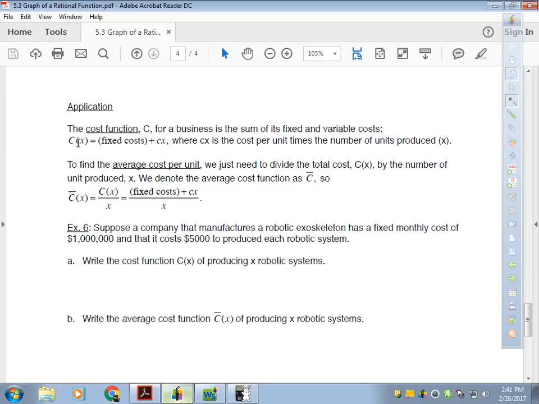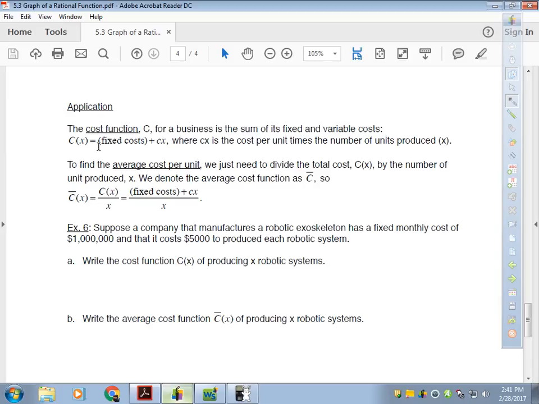And the way this cost function works is you have C of X equals your fixed costs that you always have to pay, things like electricity, water, whatever. And then you have plus CX. CX is the cost per unit times the number of units. So this C represents how much each unit costs you. X represents how many units you're building.